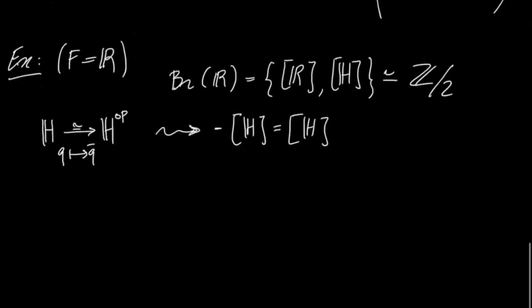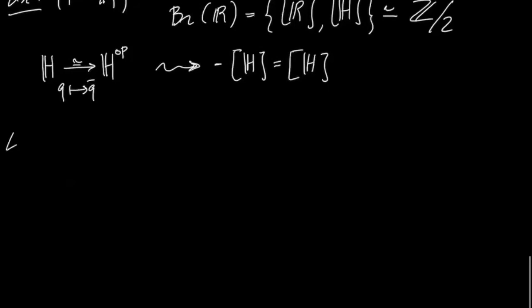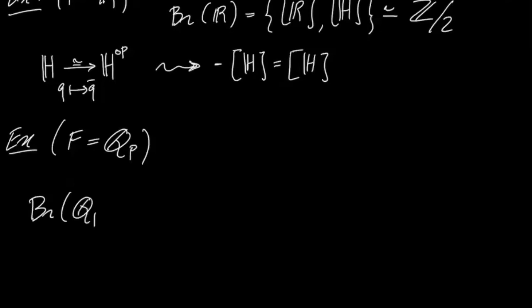Well, let's see a more sophisticated example. So let's consider the case where the base field is the p-adic numbers. So in this case, it turns out that one can actually compute the Brauer group, and all the elements of the Brauer group are going to be given by cyclic algebras in this particular case. So which algebras are these ones?